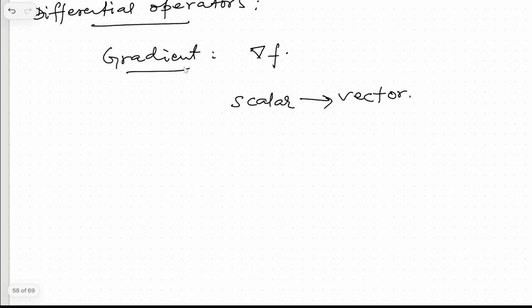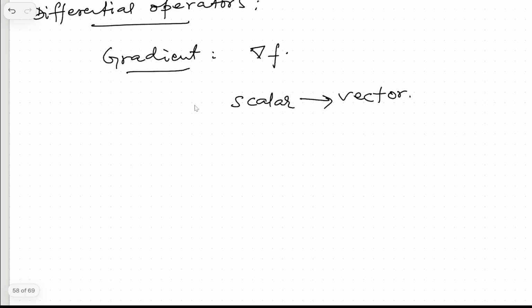That means we got values in different directions, that is i, j, k, based on which variable we used. Del f by del x means in the x direction, del f by del y means y direction, del f by del z means z direction.